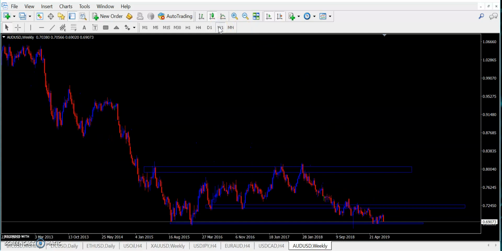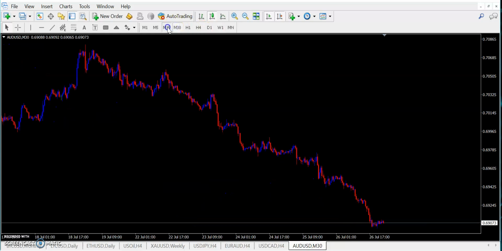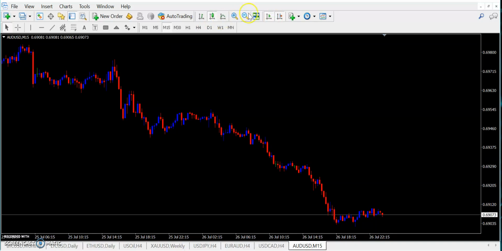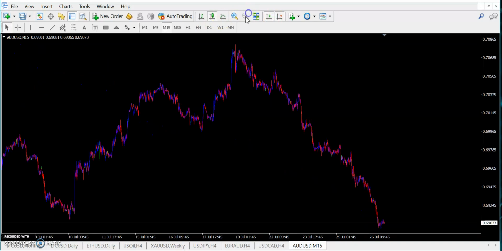And this works for swing trading. This concept can work for day trading or scalping. You can do it on lower time frames as well to figure out what's happening now. Where was the previous zone?